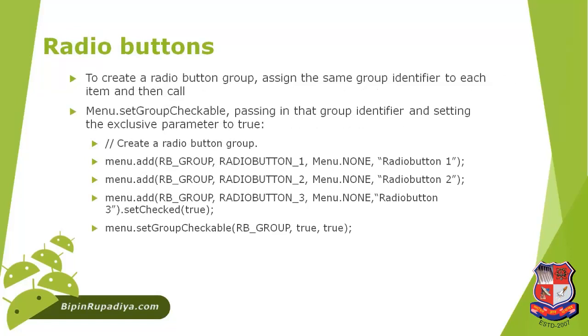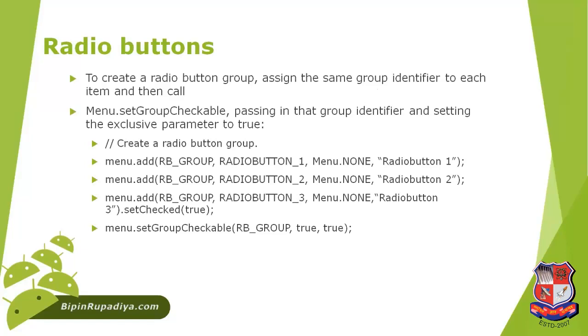Another thing, if you wish to create radio buttons, you can create them in a menu item. Now when we are creating the radio button, we first need to create a radio group. Within that we can pass the radio button, otherwise radio buttons will behave like the checkbox.